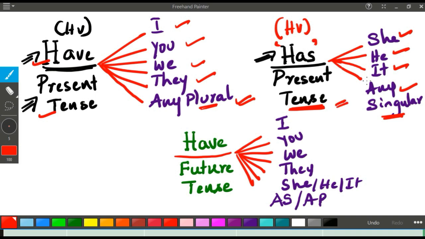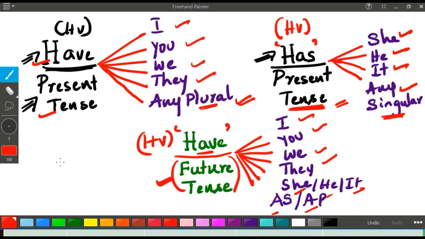As we're talking about perfect tenses right now, it is equally important to know what will happen in the future tense. In future tense, we have only one word to use, that is have. Have is the only helping verb which is used in future tense. Whether your sentence starts with I, you, we, they, she, he, it, any singular, any plural, you will only go with have as a helping verb in future tense. Same thing is applicable to past tense.